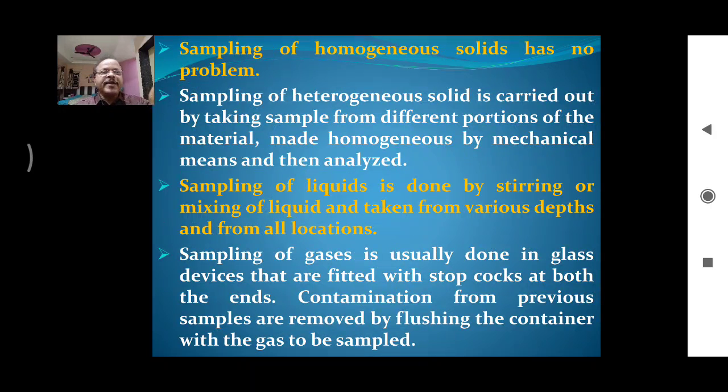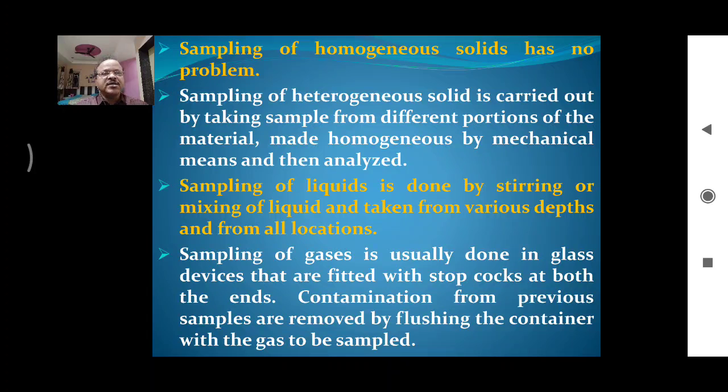Now sampling of solids, liquids and gases. How are the samples from solids, liquids and gases collected? If the material is in solid state, and if it is in homogeneous form, then it has no problem. We can take a sample from any portion as it is homogeneous, and we can analyze that solid homogeneous sample.